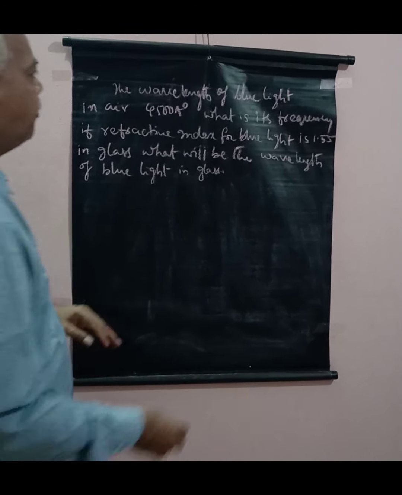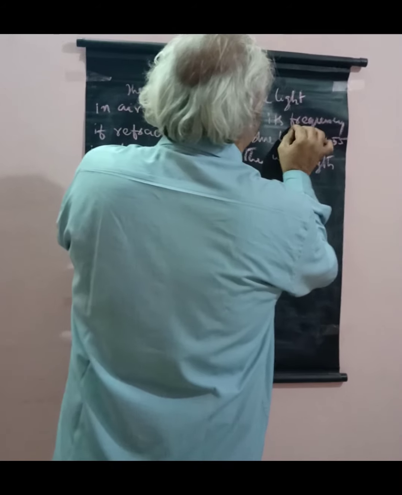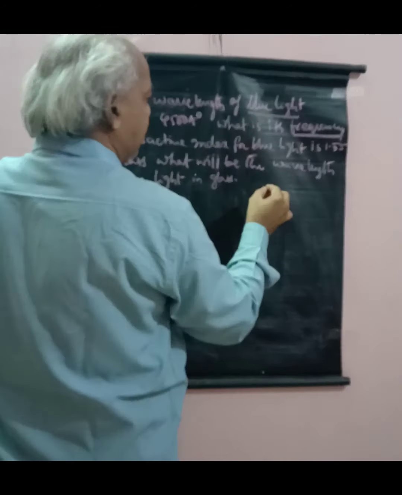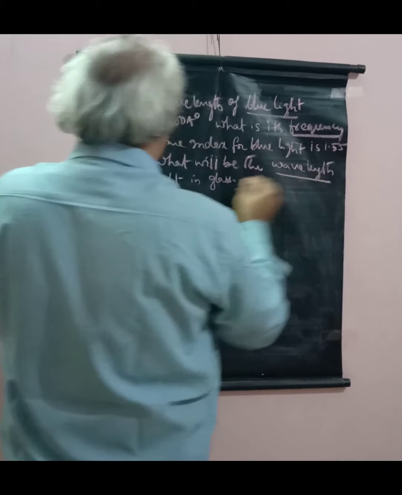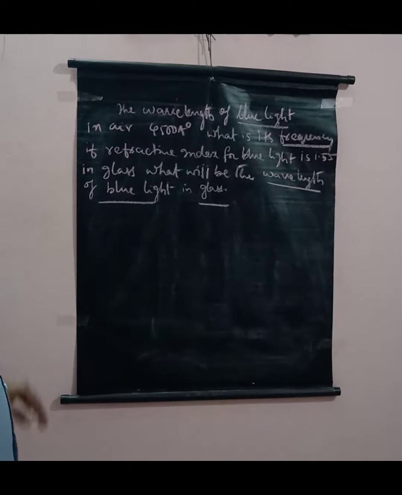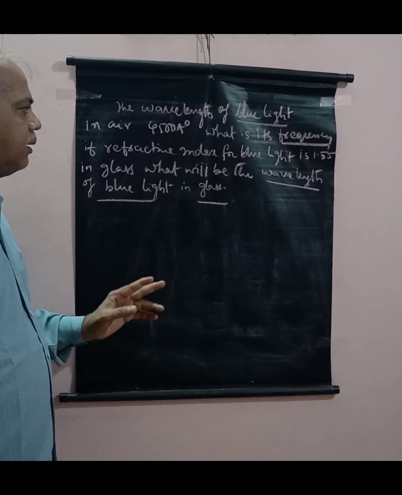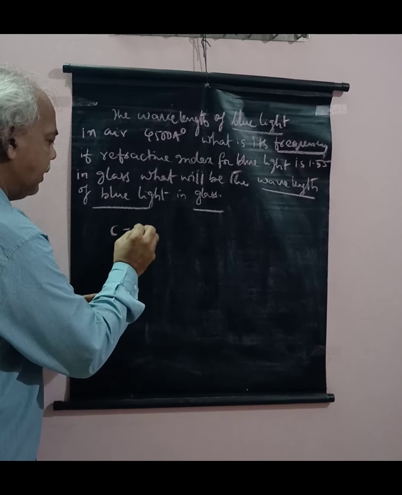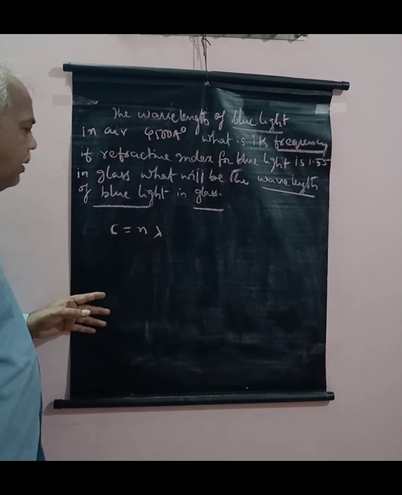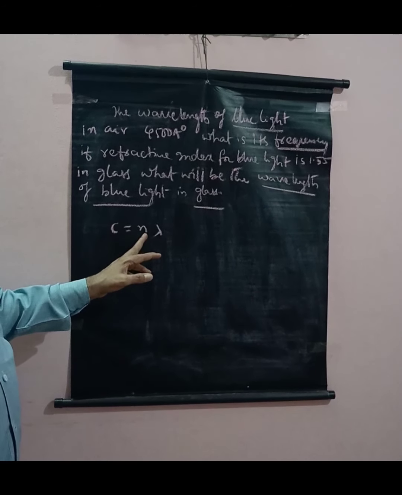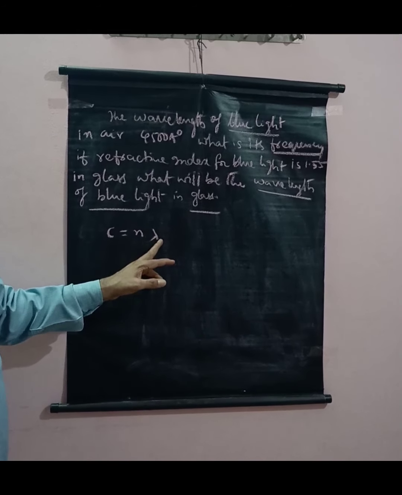Here we want to find the frequency of blue light and the wavelength of blue light in glass. We know that the speed c is equal to n into lambda, where c is the speed of light in vacuum, n is the frequency and lambda is the wavelength.